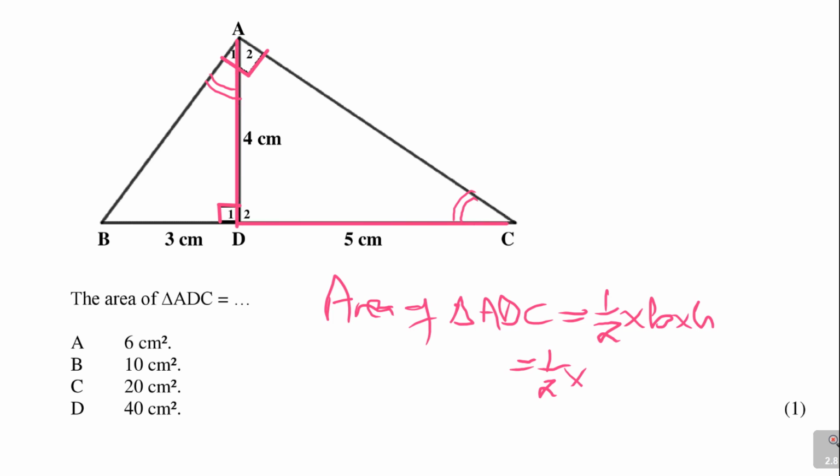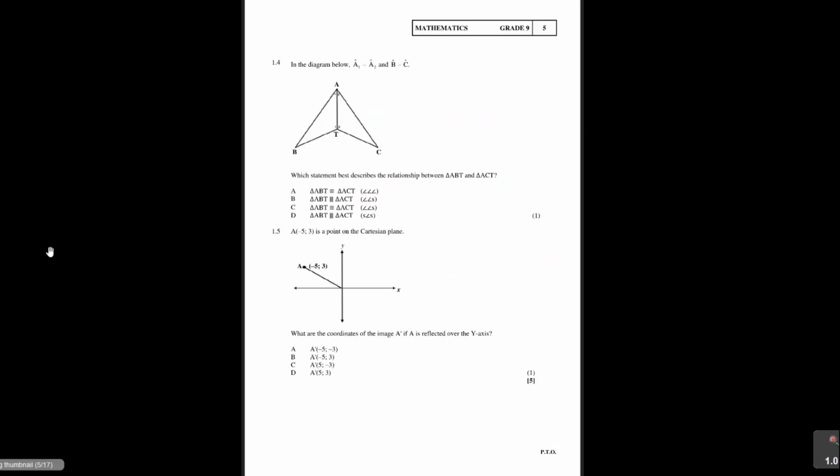Focusing on this triangle ADC, what is the base? It's 5. Half times base, which is 5, times height, which is 4, you cancel there, and you can see that it's 10 centimeters squared. So again, it goes for B. Alright, so let's move on to the next one.